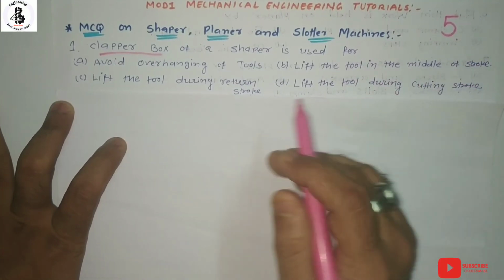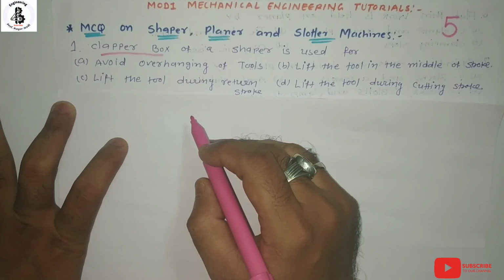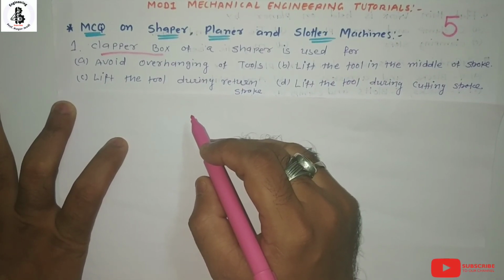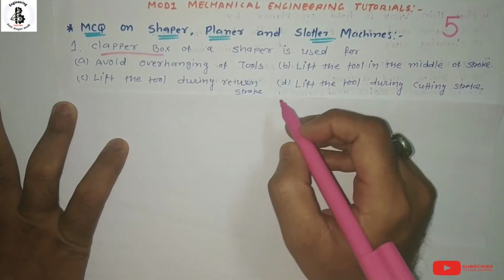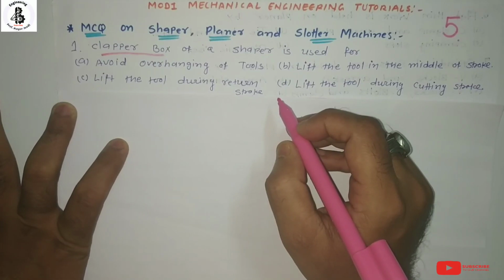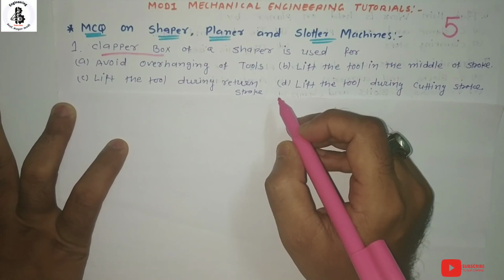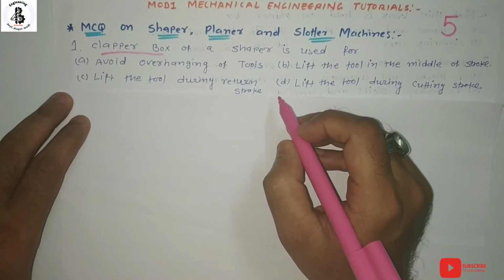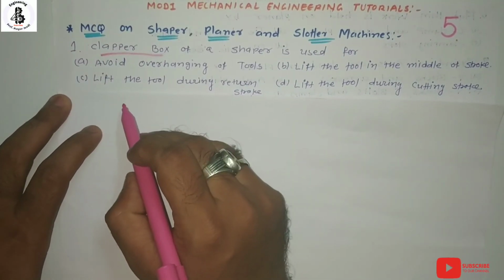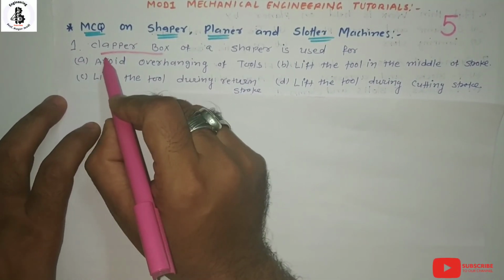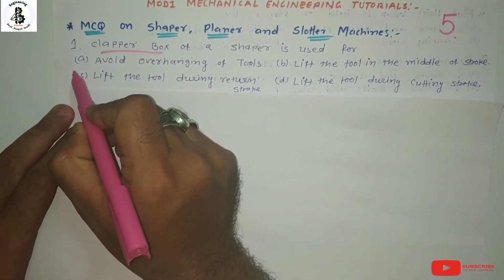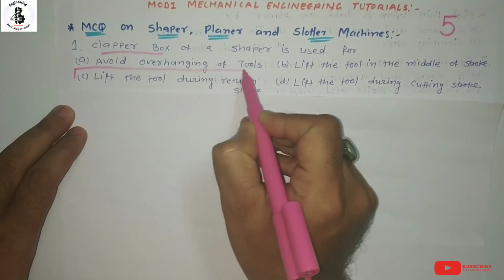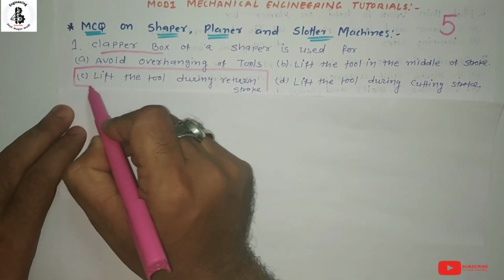After completing a forward stroke, the tool is lifted during the return stroke, so that will be considered as an idle stroke. There will be no machining or metal cutting taking place, only cutting in the forward stroke. So by lifting the tool during the return stroke with the help of a clapper box, it is converted into an idle stroke. So the right answer is option C, lift the tool during return stroke.